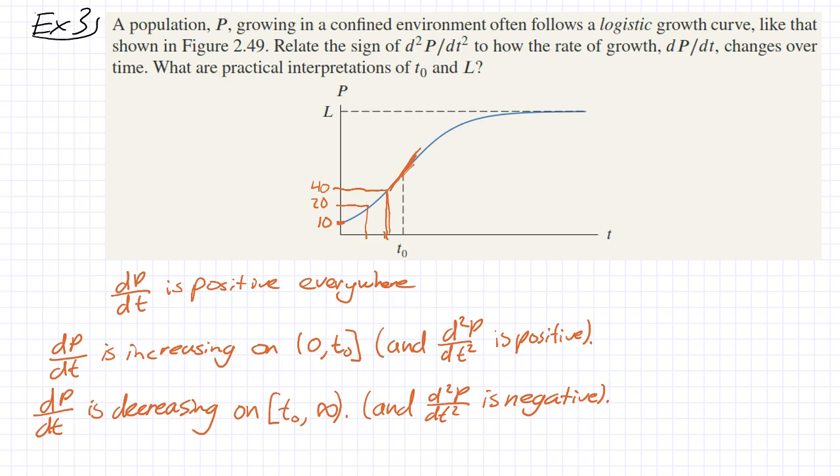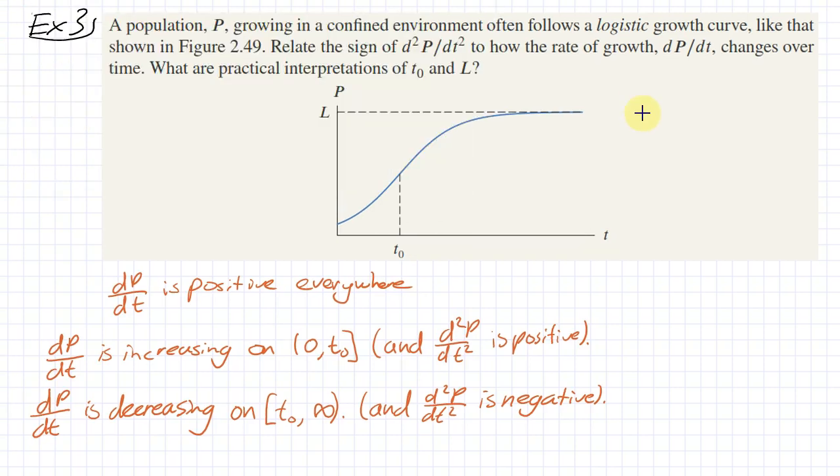So what are the practical interpretations of t0? Well, t0 is the place where the derivative is at its maximum, where the population is increasing as fast as possible, and then it starts running into problems with running out of resources or whatever the limiting factor is.